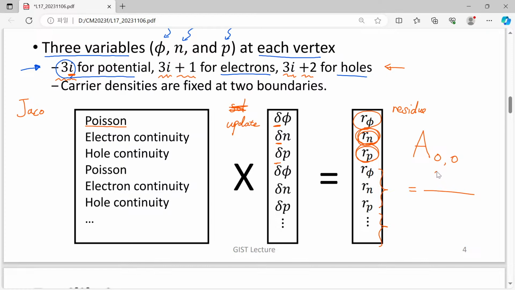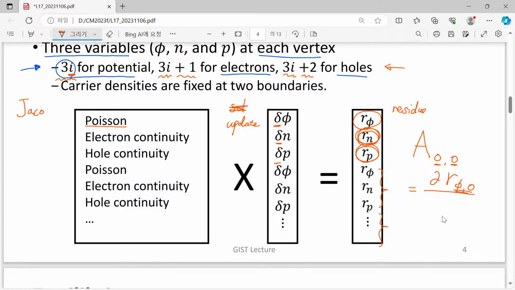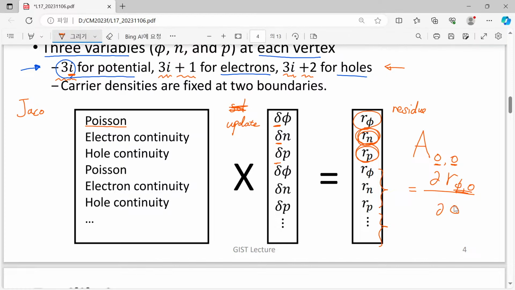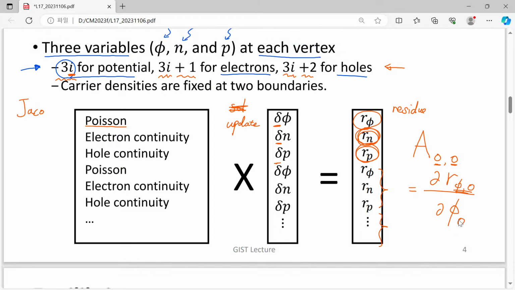This is nothing but the Poisson equation evaluated at zeroth index, because this 0 corresponds to this index. And what is this 0? This corresponds to electrostatic potential at zeroth point. Are you all with me?